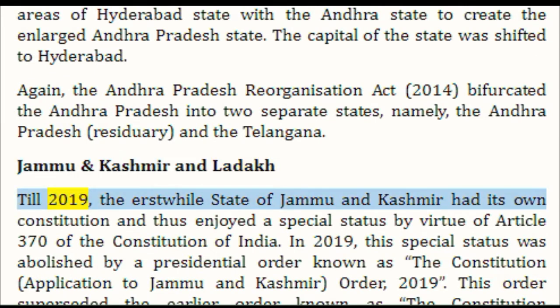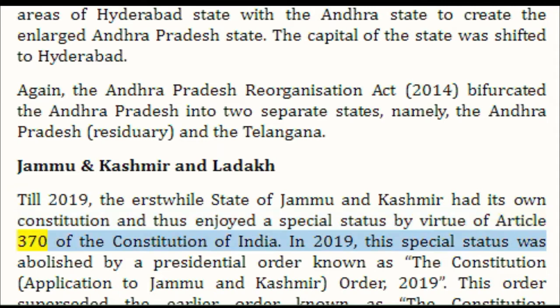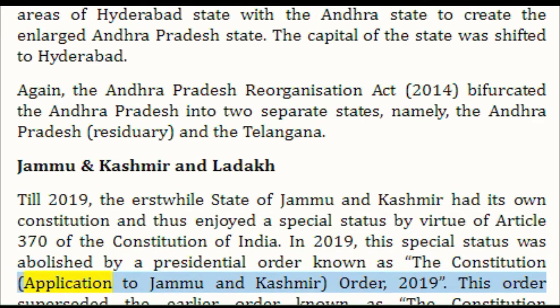Jammu and Kashmir and Ladakh. Till 2019, the erstwhile state of Jammu and Kashmir had its own constitution and thus enjoyed a special status by virtue of Article 370 of the Constitution of India. In 2019, this special status was abolished by a presidential order known as the Constitution Application to Jammu and Kashmir Order, 2019.